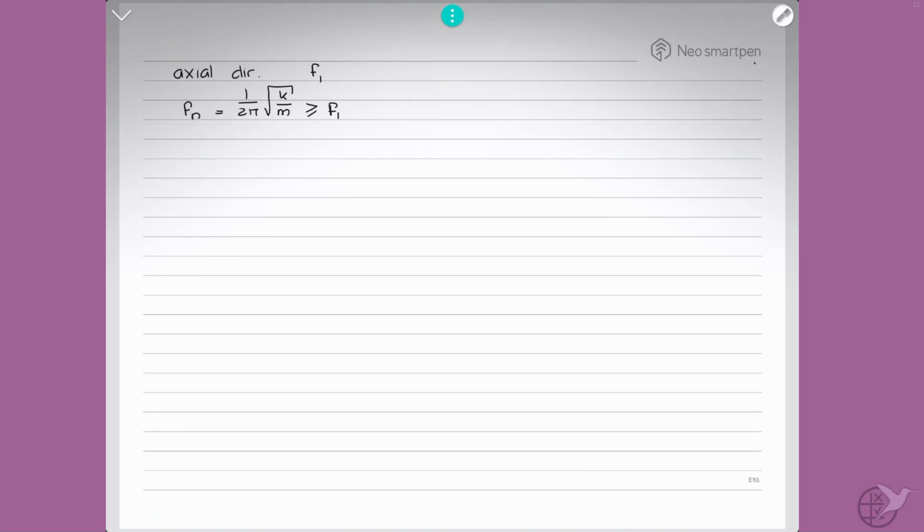The actual stiffness is then equal to EA over L, and if we substitute that into our formula for the natural frequency and rework that so we get A, we find that the cross-sectional area A has to be larger or equal to (2 pi F1) squared times Lm over the modulus of elasticity E.